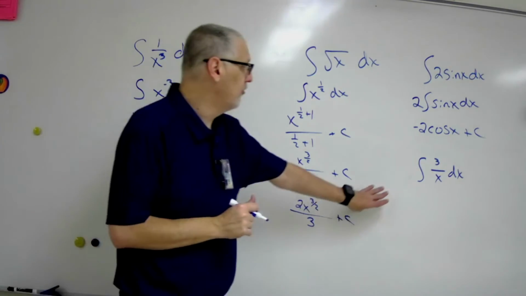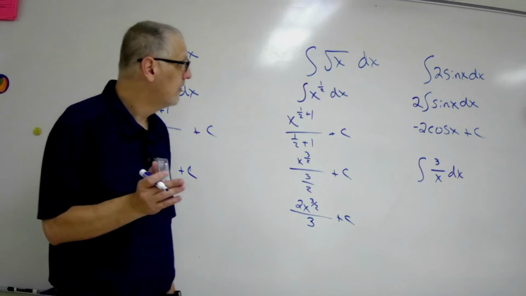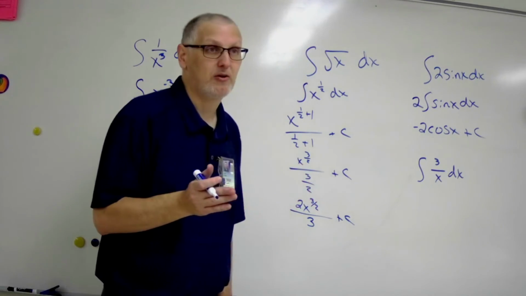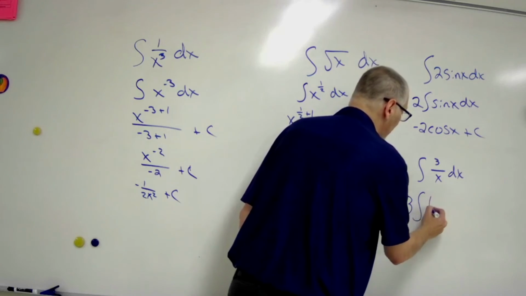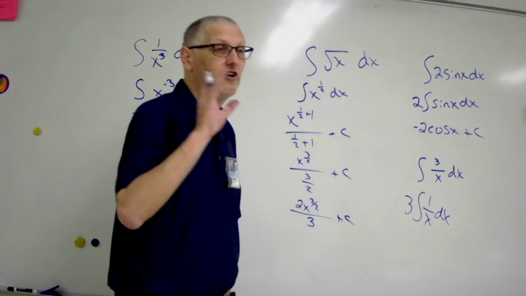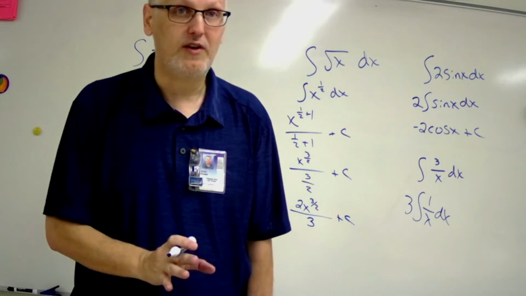What's the first step to do right here? I'm going to pull the 3 out. I'm going to leave it as the integral of 1 over x dx. Guys, the integral of 1 over x is the ln of absolute value of x.